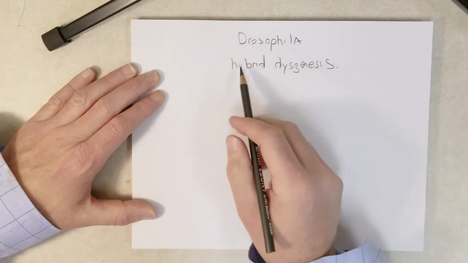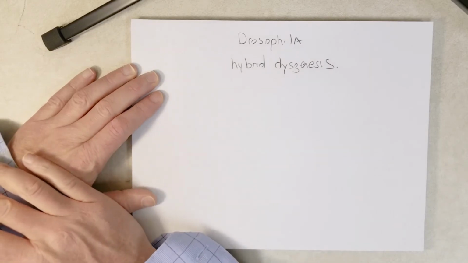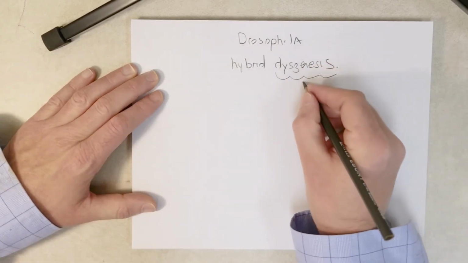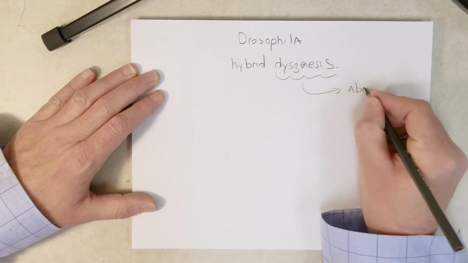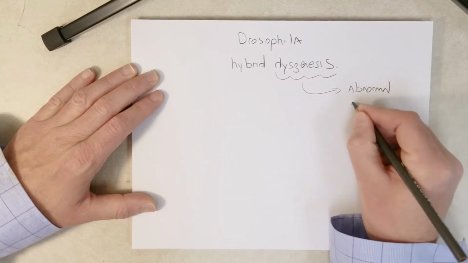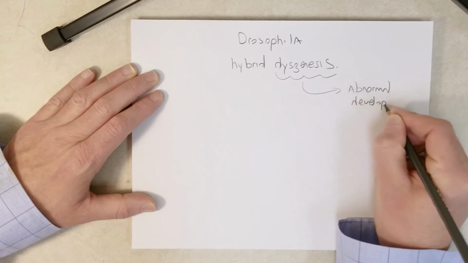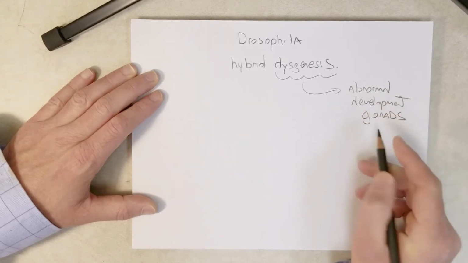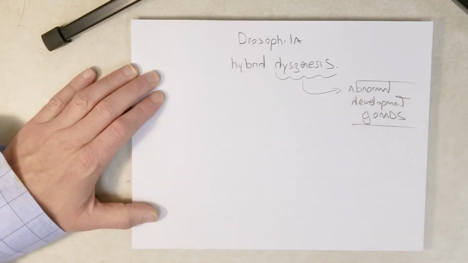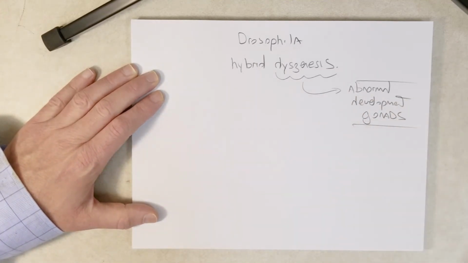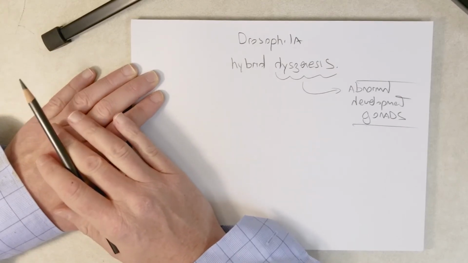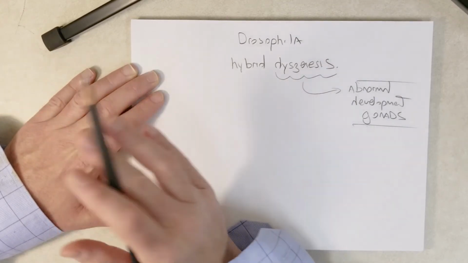In Drosophila, there is a phenomenon called hybrid dysgenesis, and dysgenesis, this term usually refers to abnormal development of the gonads, those organs, ovaries and testes, that make sperm and eggs.